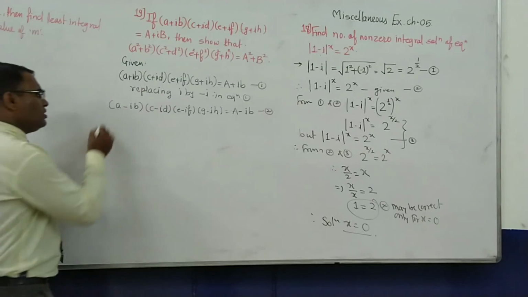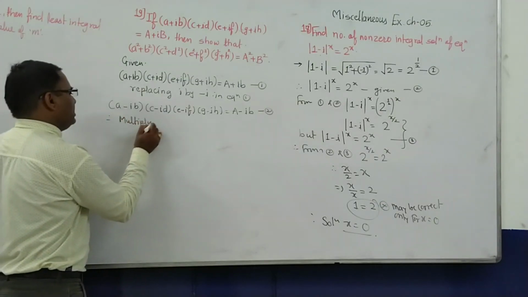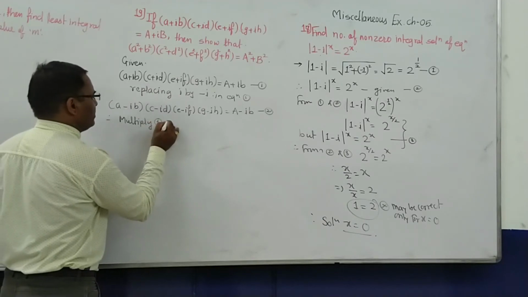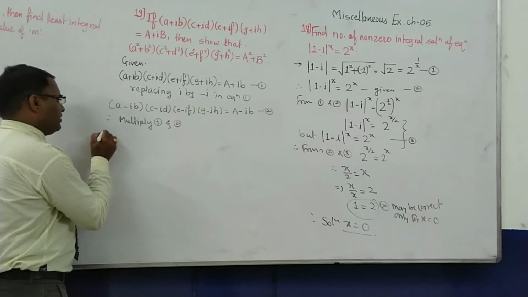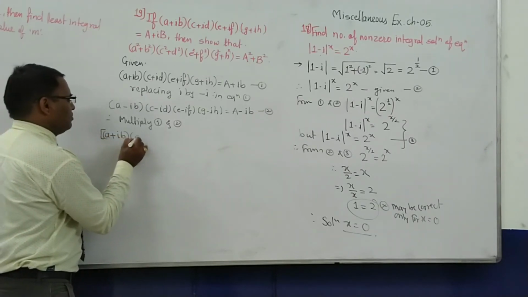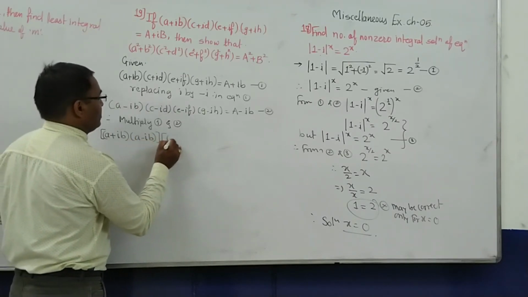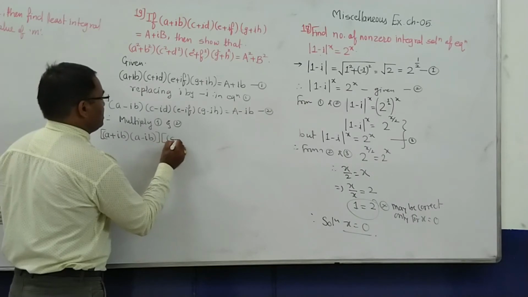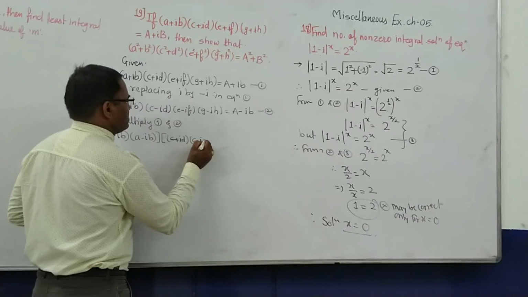Now simply we will multiply equation 1 and 2. We were adding, but now multiply equation 1 and 2. So it will become (a plus ib)(a minus ib), then (c plus id)(c minus id).